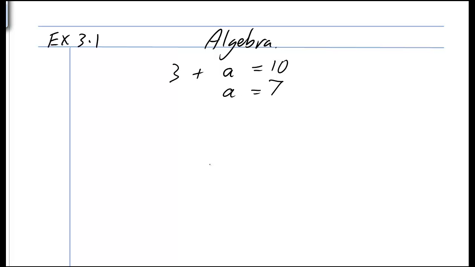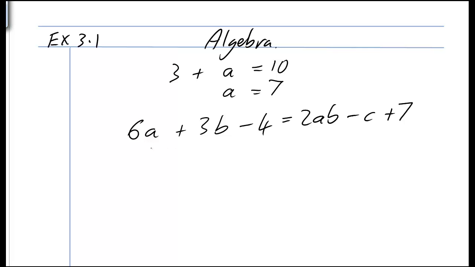Now look, say you had something a little bit more complicated. Say you had 6 times A, which is some unknown number, plus 3 times B, which is another unknown number, take away 4, equals 2AB, take C plus 7.